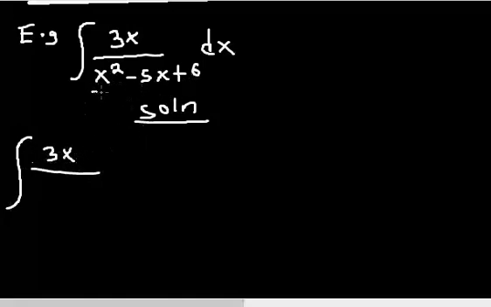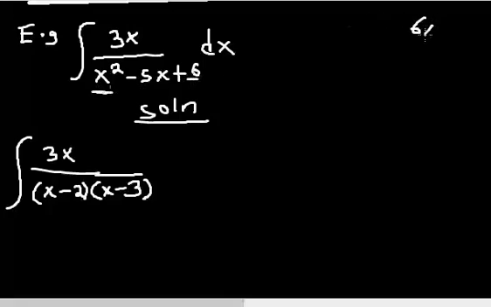If you factorize this denominator, you will have x minus 2, then x minus 3. You can try that. Of course, you know that if you want to factorize, you multiply the first term and the last term.